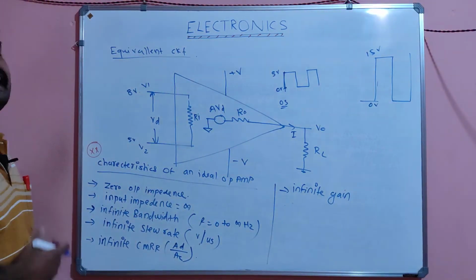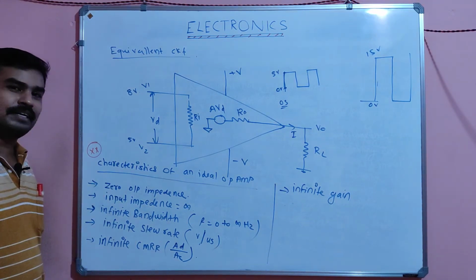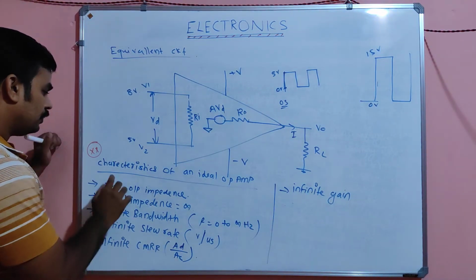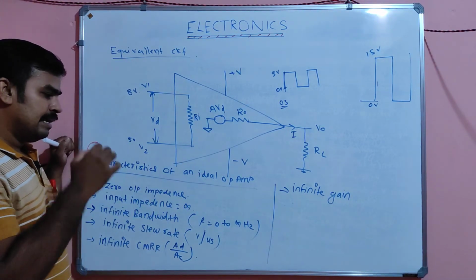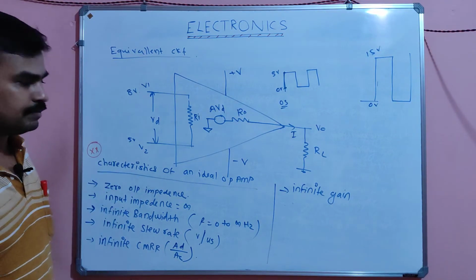So these are the ideal characteristics. Please mark this; you will definitely get one mark. I will tell you a wonderful trick for that. For the characteristics of an ideal op-amp, except the output impedance, everything will be infinity.